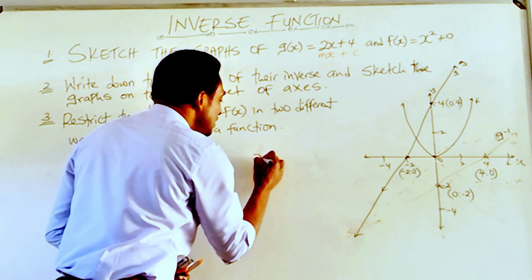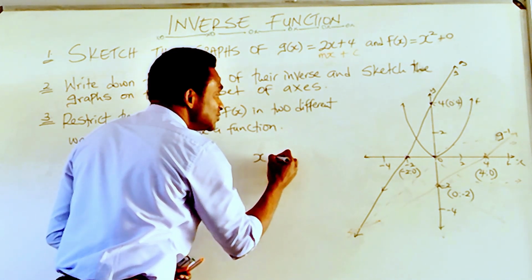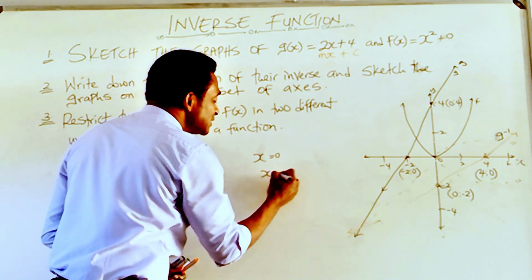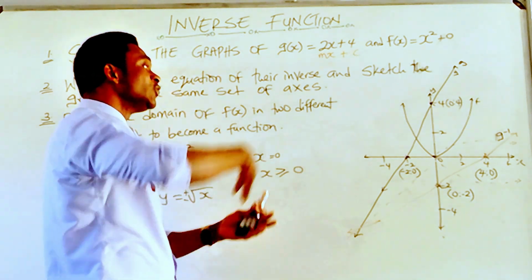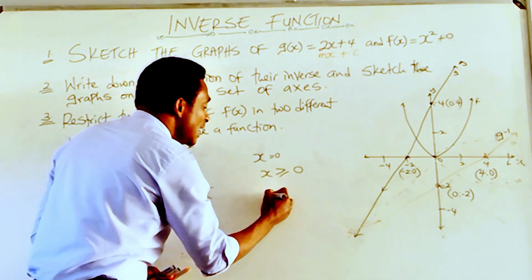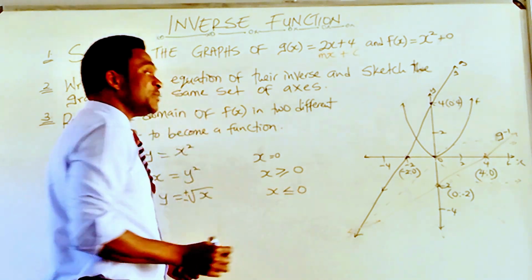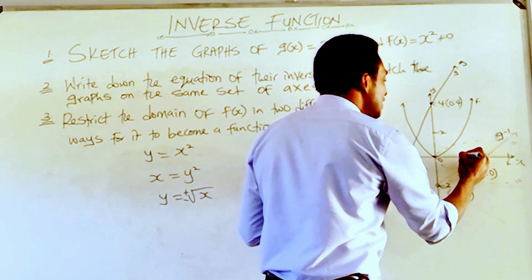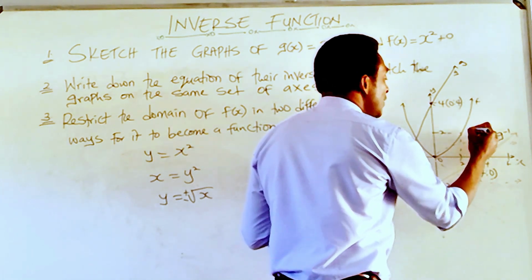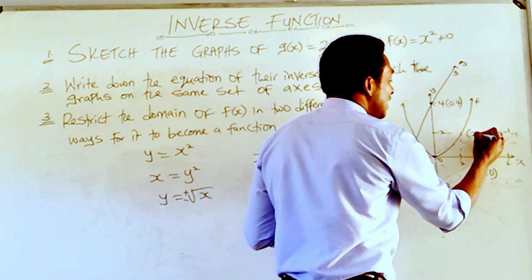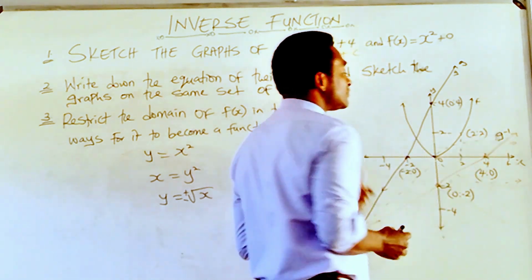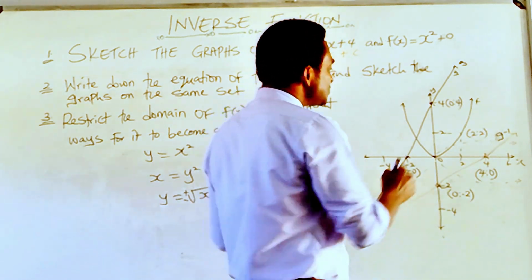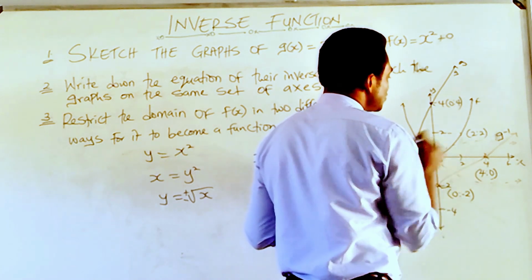So our symmetry is at x equals 0. So we can say x greater than or equal to 0 will be one part, and x less than or equal to 0 will be one part. Let's look at this. Suppose that we sketched this graph and we got this point at (2, 2).